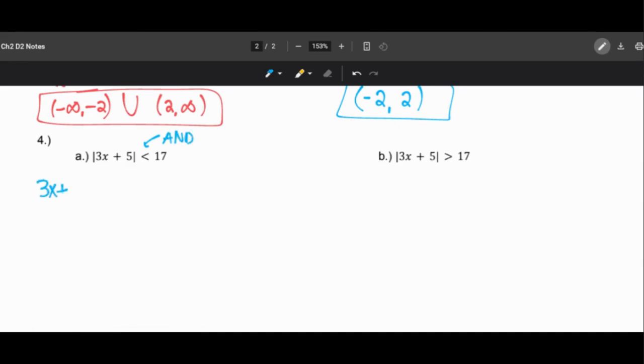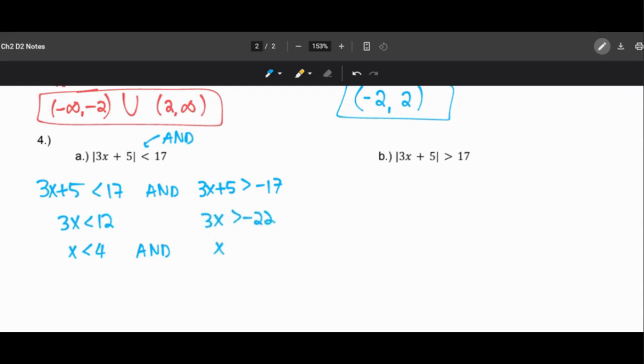So 3x plus 5 is less than 17 and 3x plus 5, we're going to flip it to greater and then flip it to negative 17. So now you just solve these and you get 3x is less than 12 and x is less than 4. And we have 3x is greater than negative 22. And when we divide by 3, we get negative 22 over 3.